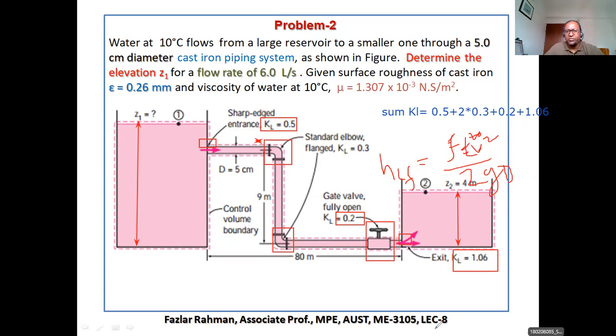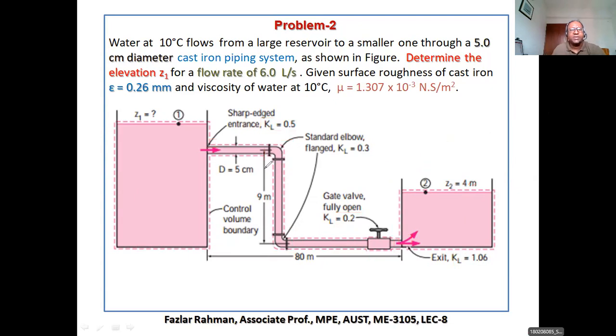If you look carefully at the problem, in the picture, they are giving the diameter of the pipe right over here, 5 centimeter. And all the way, they don't mention the diameter. That means all the diameter is the same, and it seems the same, right? And the other thing you need is the length of the pipe. How much will be the length of the pipe?